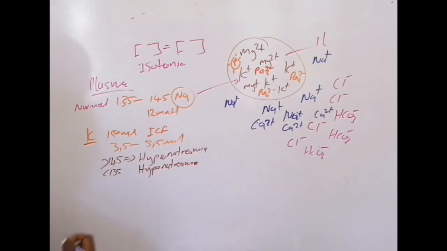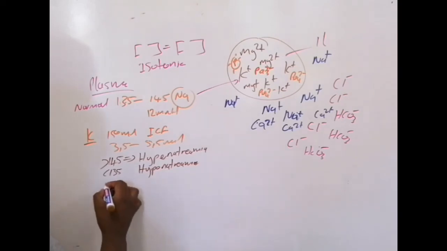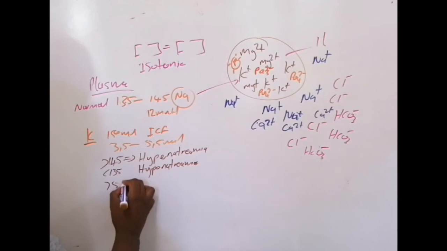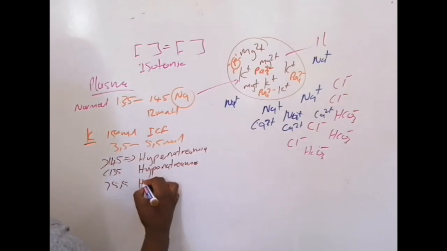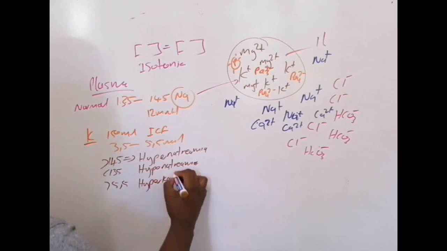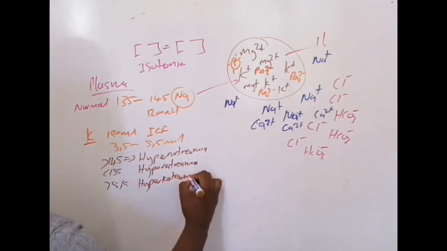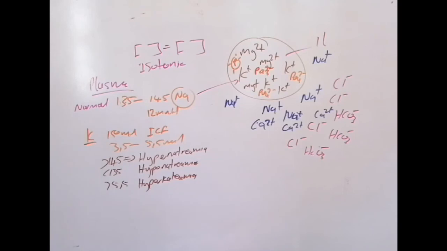Now, when you've got potassium that is more than 5.5, that is hyperkalemia. Fortunately, I have done hyperkalemia. If you check on internal medicine, there's a video I uploaded on potassium abnormalities.